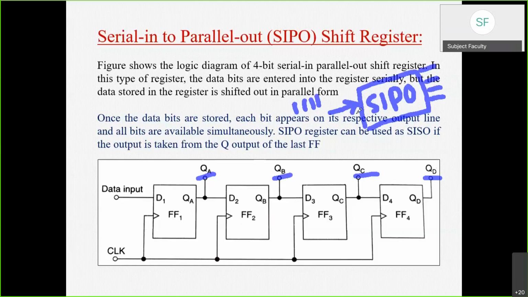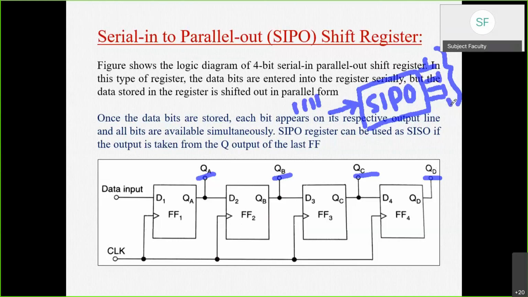So the input transmission is happening serially, but at the output you can collect it parallelly. That means at the same time. You don't have to wait one after the other. At the same time, all will appear here. 1, 1, 1, 1.